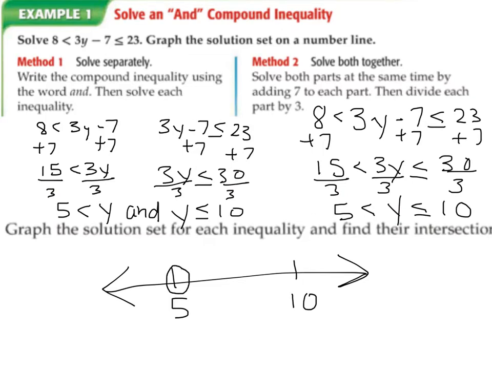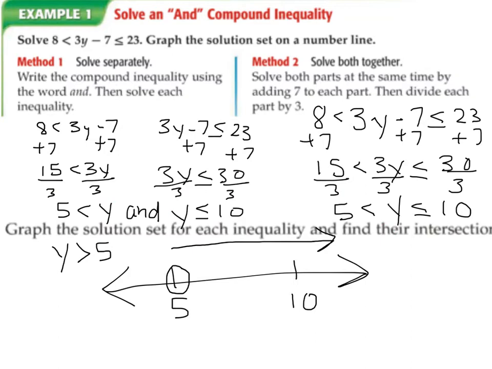And we know that 5 is less than y. So I'm going to rewrite this, it's going to make it easier for us to see. We'd have y is greater than 5, which means from the 5, I'm going to be shading to the right.